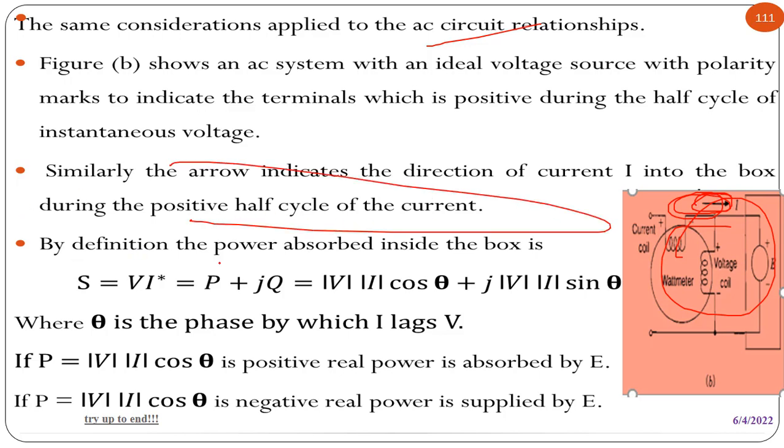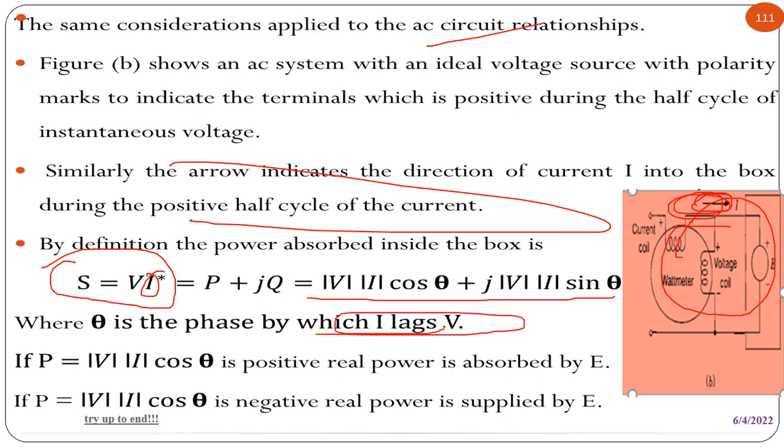By definition, the power absorbed inside the box is the complex power, equal to the supply voltage times the conjugate of the current. This equals the magnitude of voltage and current times cosine theta plus j times the magnitude of voltage and current times sine theta, where theta is the phase angle by which the current lags the voltage.